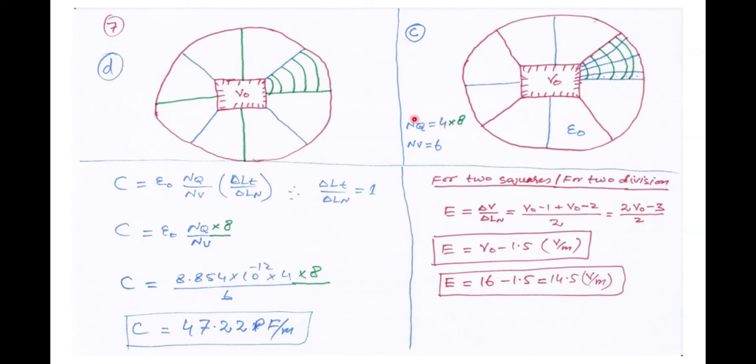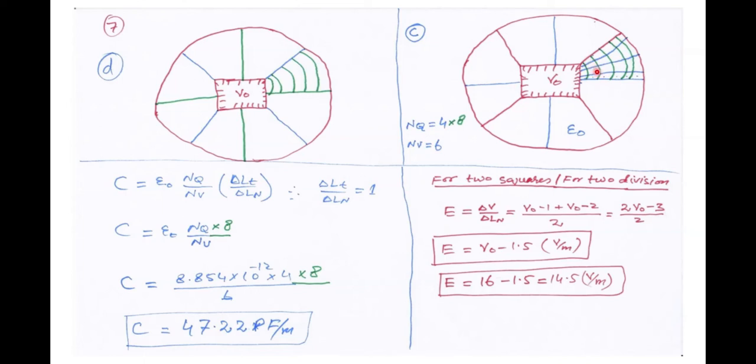In this case, NQ represents the number of flux tubes. In a single big flux tube, the total number of flux tubes is 1, 2, 3, and 4.